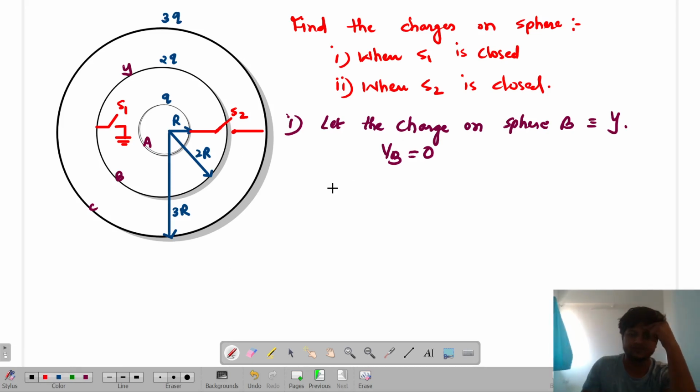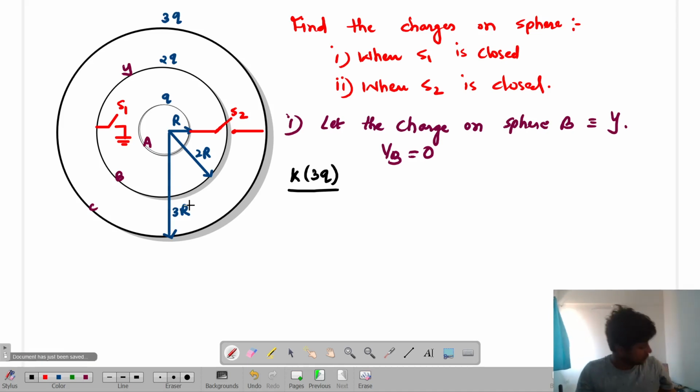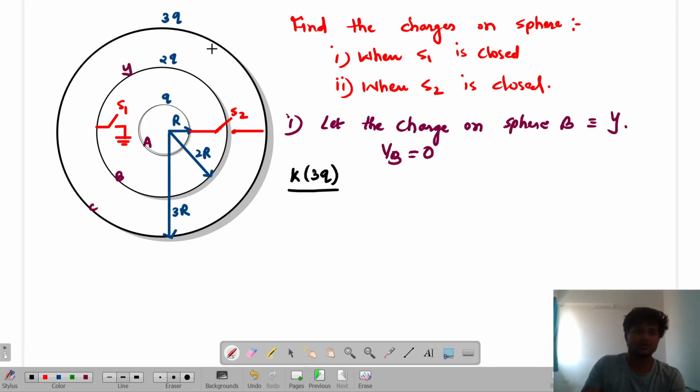Due to 3Q, it will be K times 3Q over, how much? 2R, 3R or R? 3R, yes, because this is a hollow spherical shell. So for 3Q, the potential over here is K 3Q by 3R, which will be constant.